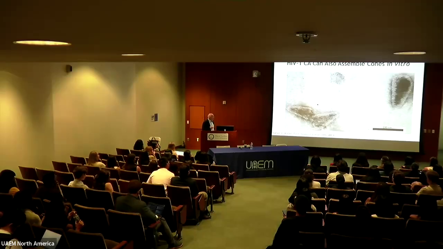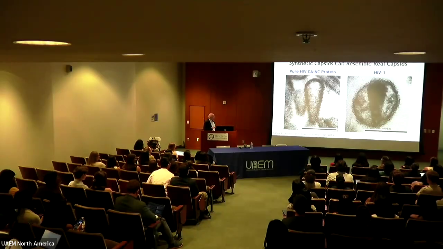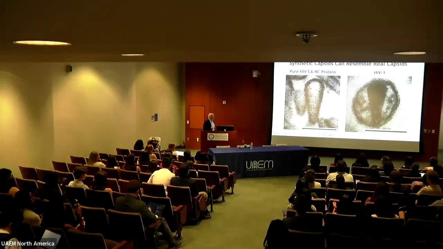And in those days, we used to collect all of our data on film. And so my contribution was to put my thumbprint on her nicest picture of cones that she ever took. And if you looked at the cones that she was making, so these are again electron micrographs, but now we've sectioned them so you can see through them. On the right, you can see a virus, and so it's quite a complicated structure.